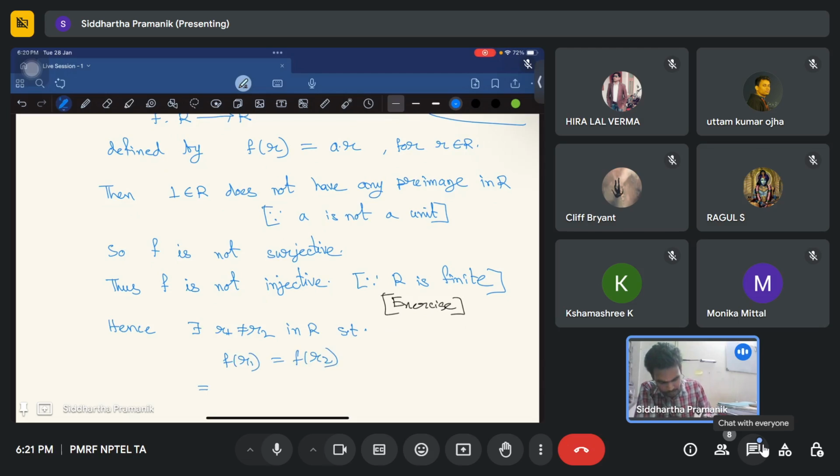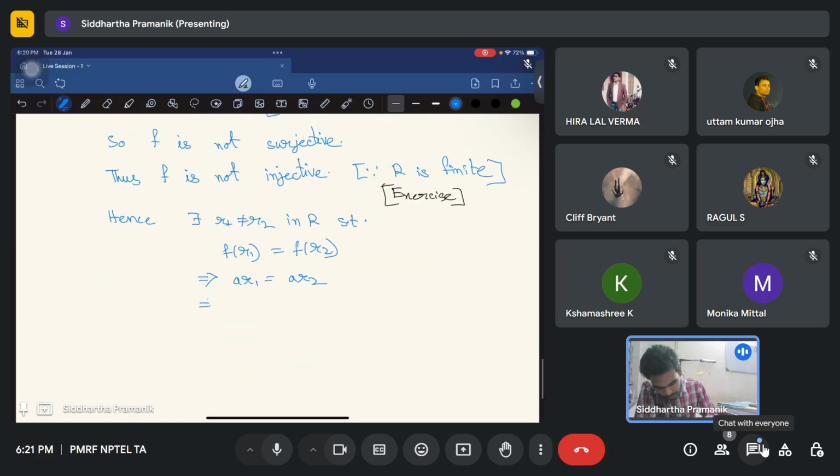Now this implies A times r1 equals A times r2, and from this you can write A times (r1 minus r2) equals 0. Now r1 not equal to r2 means r1 minus r2 is non-zero. So we have found a non-zero element whose product with A is 0. So A is a zero divisor.